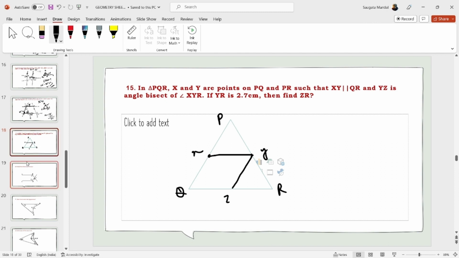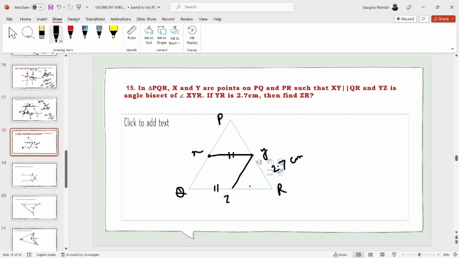Question number 15. In triangle PQR, X and Y are points on PQ and PR such that XY is parallel to QR and YZ is the angle bisector of angle XYR, and YR is 2.7 centimeters.